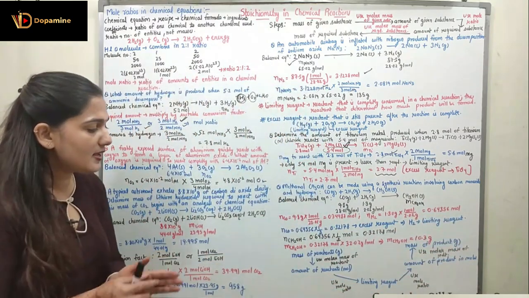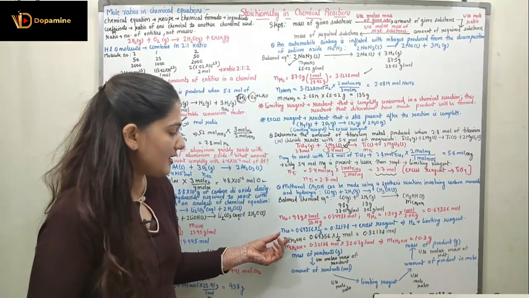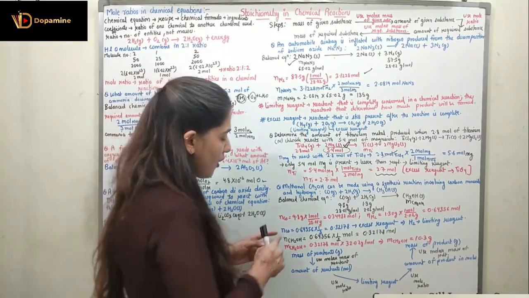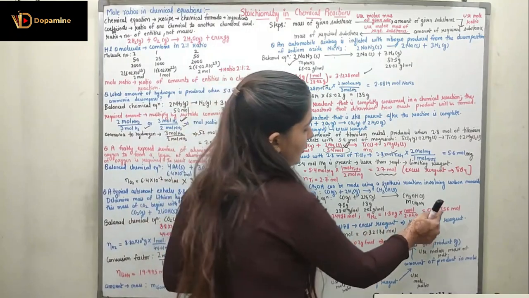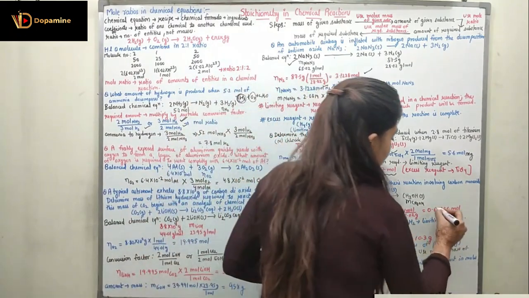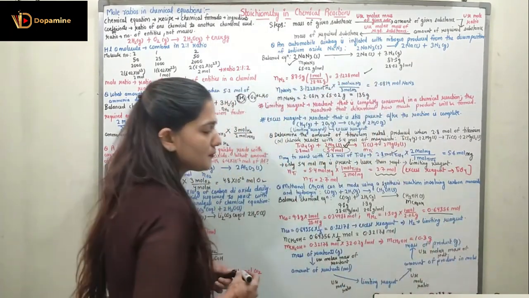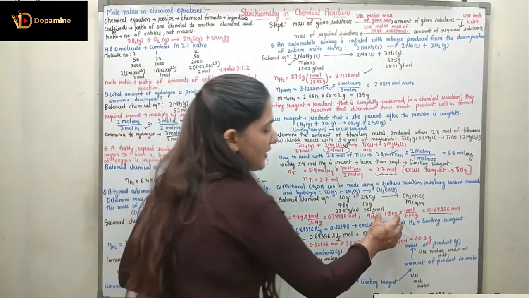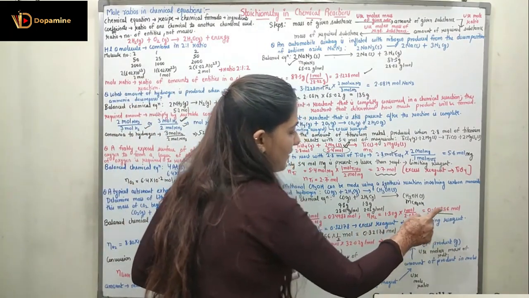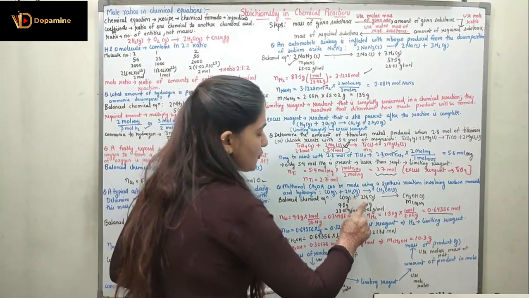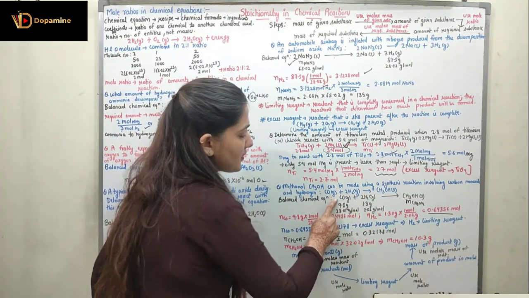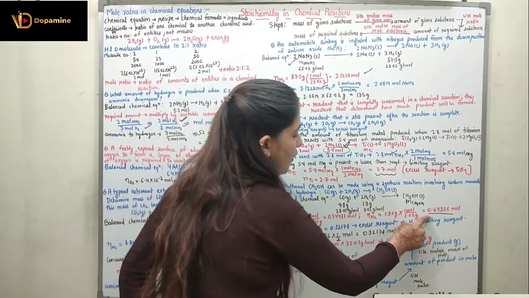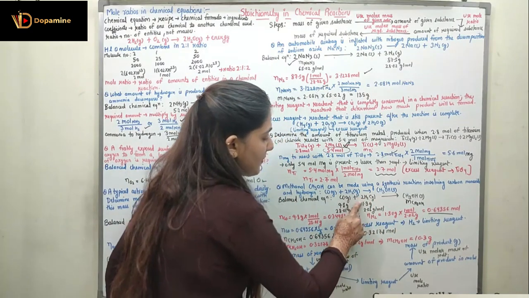Right, so similarly from here I can find out the number of moles of carbon monoxide which are required to react with 0.64356 moles of H2. So when I have 0.64356 moles of H2, the number of moles of carbon monoxide would be number of moles of H2 divided by 2.